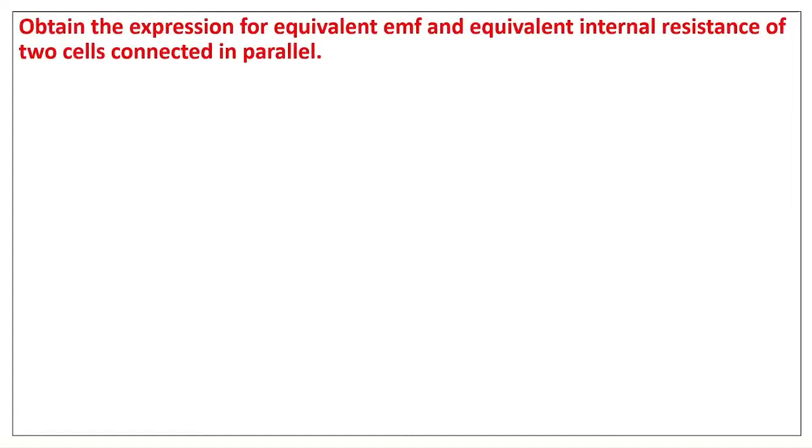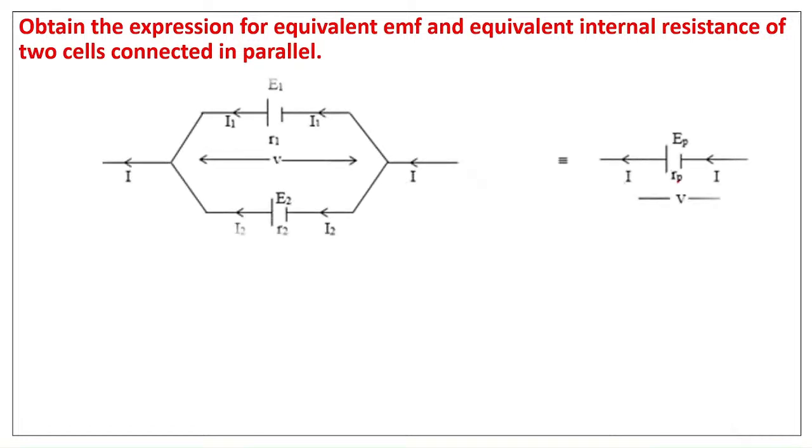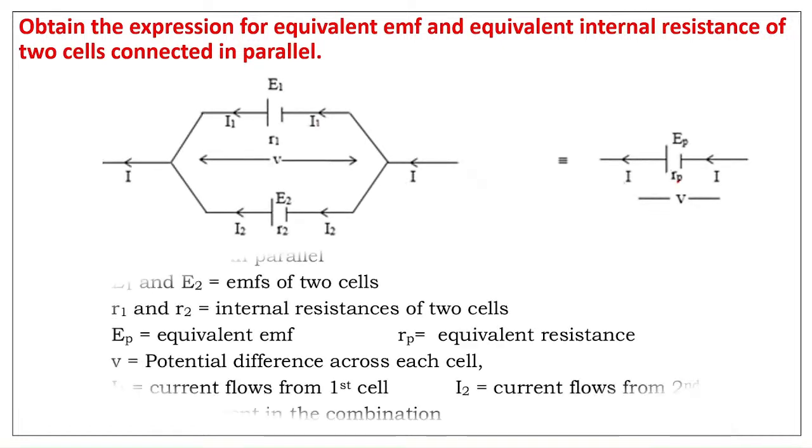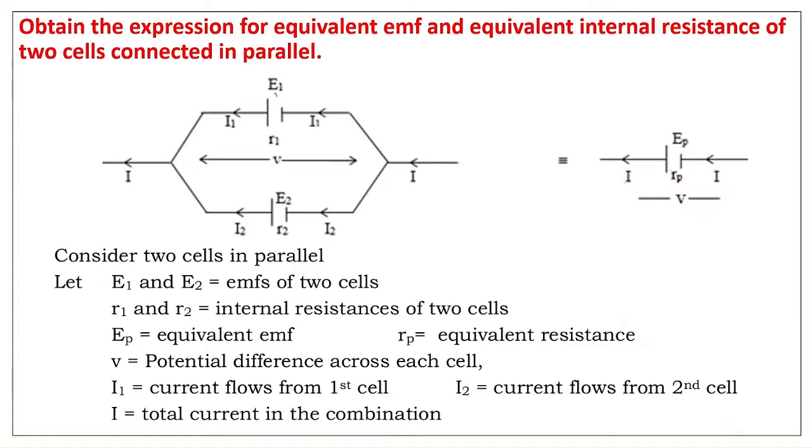Next, obtain the expression for equivalent EMF and equivalent internal resistance of two cells connected in parallel. Consider two cells in parallel. Let E1 and E2 be the EMFs of the two cells. R1 and R2 are the internal resistances of the two cells. EP is the equivalent EMF.